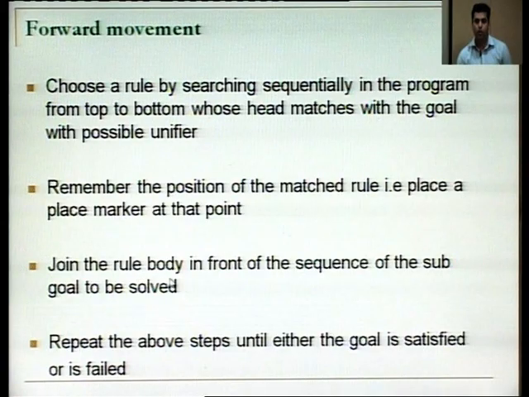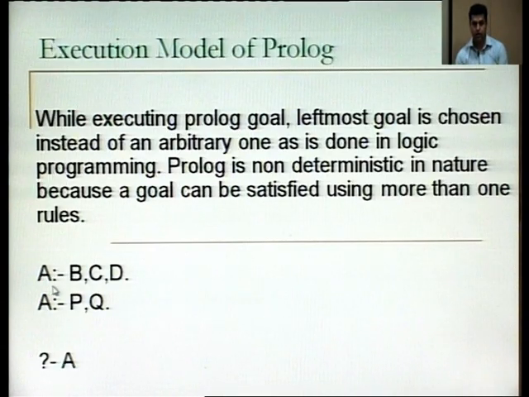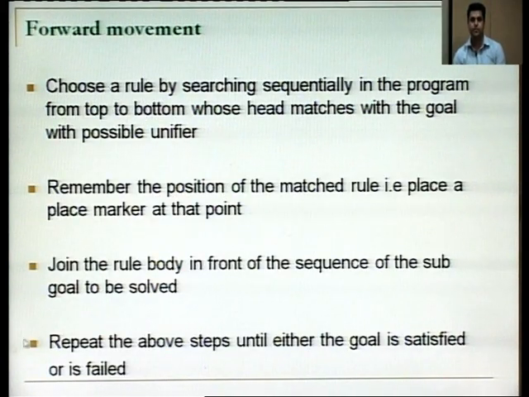Then join the rule body in front of the sequence of sub goals to be solved. Like in the previous example, if your query is A, now the query will be replaced with B, C, and D. Now, instead of satisfying A, we will try to satisfy B, C, and D. Repeat the above steps until either the goal is satisfied or has failed, and the process continues.